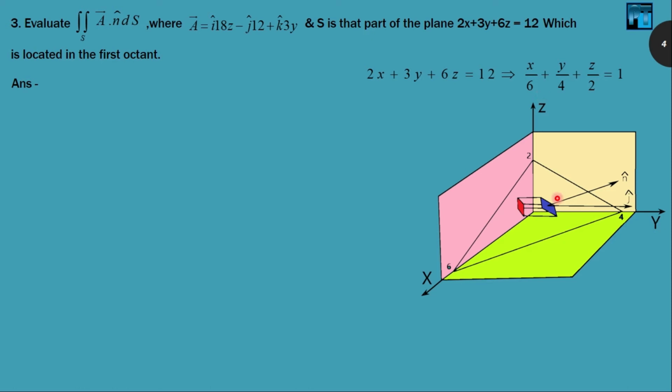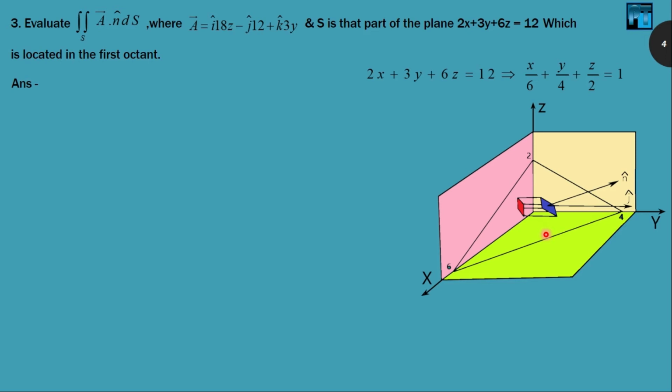So this is my visualization of the surface. See, this is 6, this is 2, this is 4. This is not actually accurate, but this 4 unit looks more or less twice the 2, and this 6 unit looks quite thrice the 2 unit.